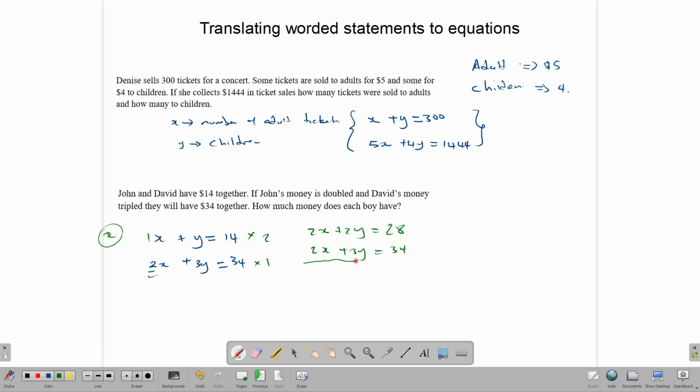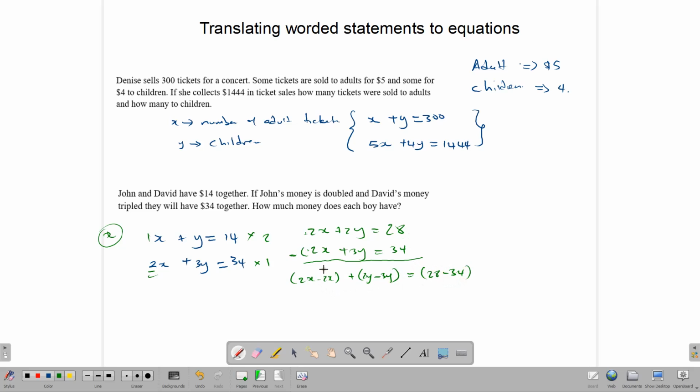We are eliminating the x term, so we look at them and realize that both are now 2 and both are positive. Because both have the same positive sign, we subtract the equations. So 2x, take away 2x, and we have on this side 2y, take away 3y, and we have on this side 28 minus 34.